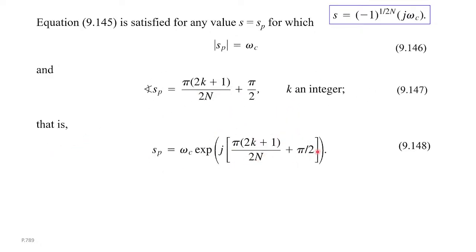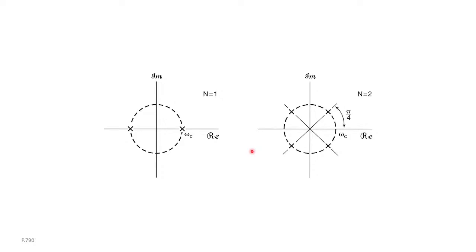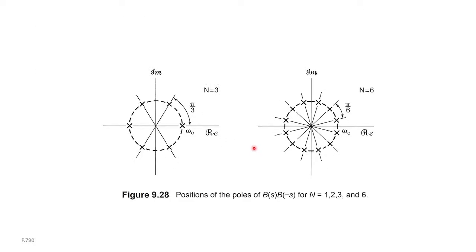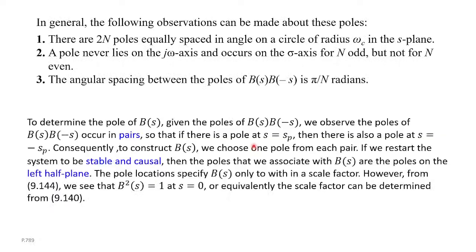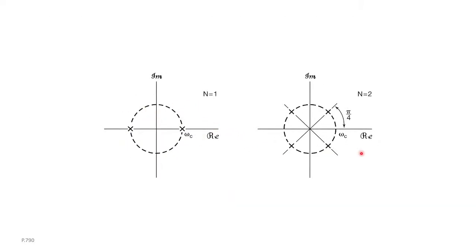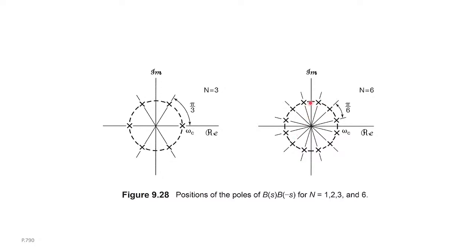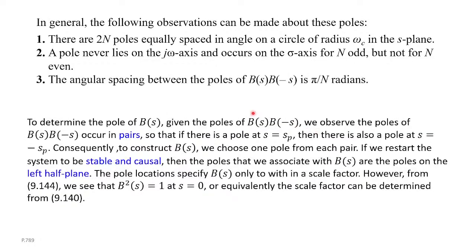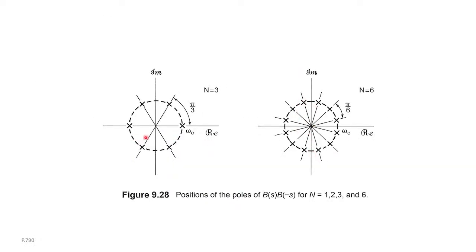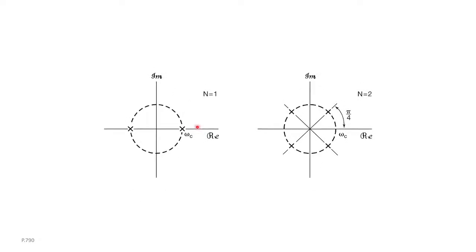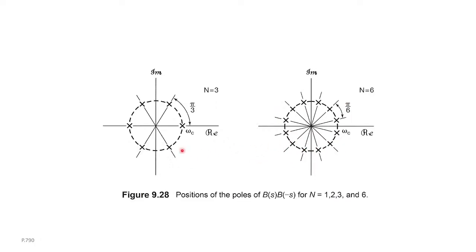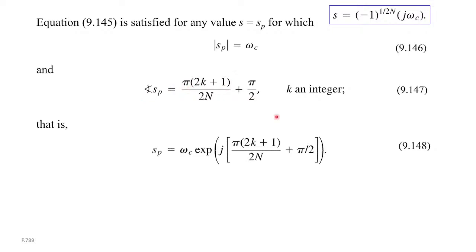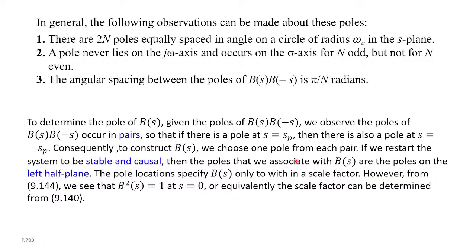From this you can easily prove that it's left-right symmetric. The poles will never be placed on the imaginary axis, and if n is odd, then there will be poles on the real axis, and if n is even, there will not be poles on the real axis. You can verify those from those equations, and let's skip that.